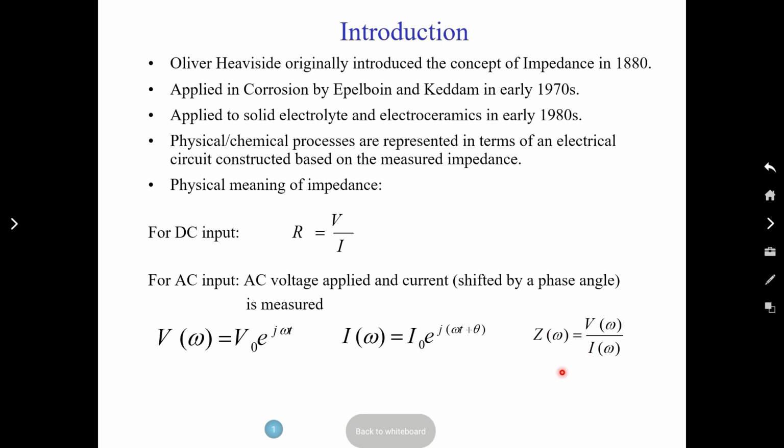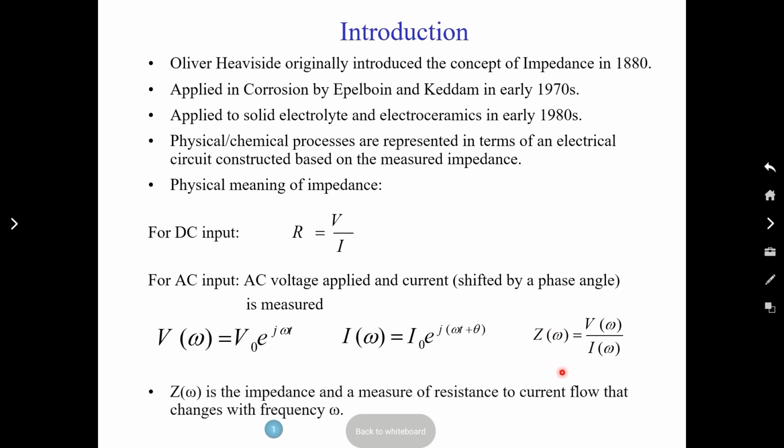These are going to be complex quantities, so you get a complex form with a real impedance and an imaginary impedance. In plotting the real part against the imaginary part, you get all kinds of features. So you can use impedance analysis.